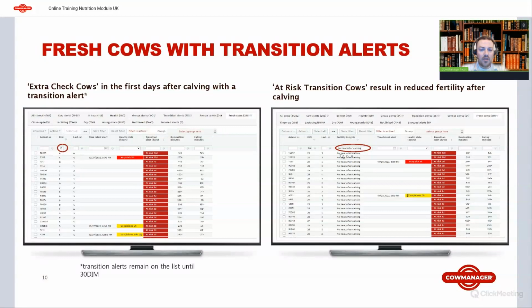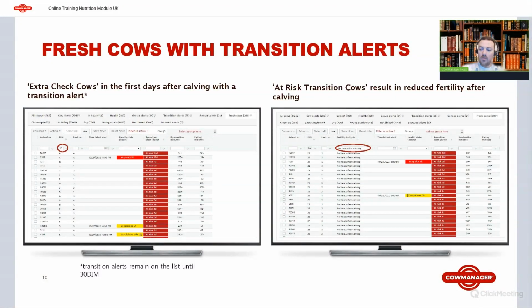So those transition alerts are not only pinpointing those cows that will get sick after calving, it also extends the importance of a transition alert, which shows the effect on fertility as well.